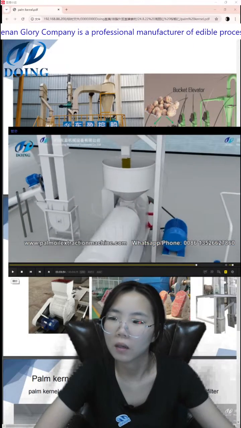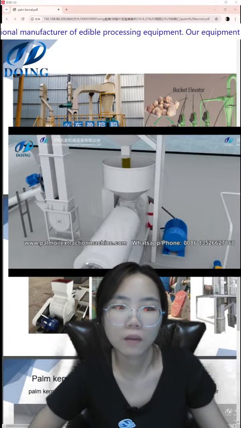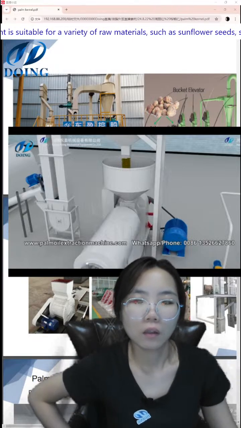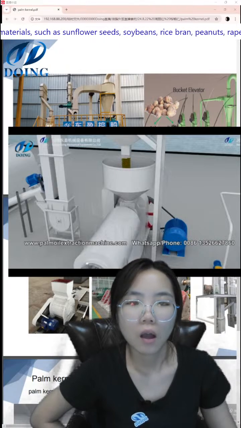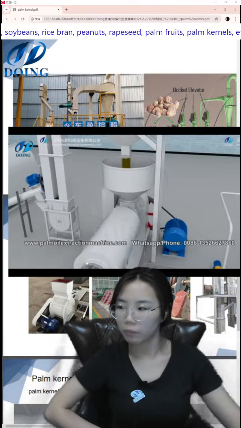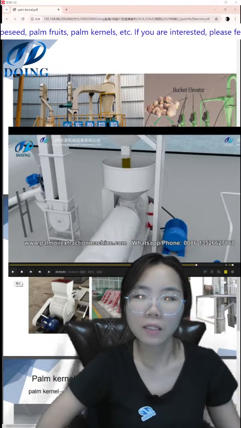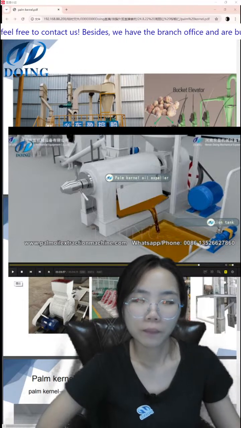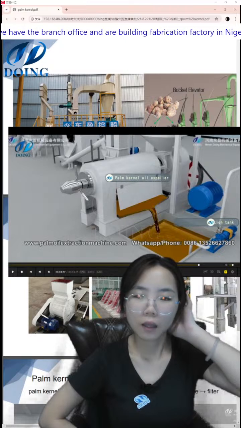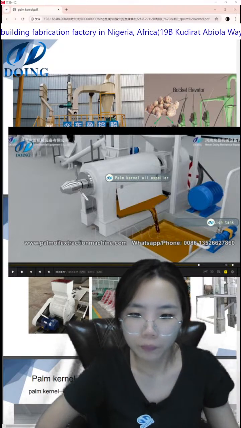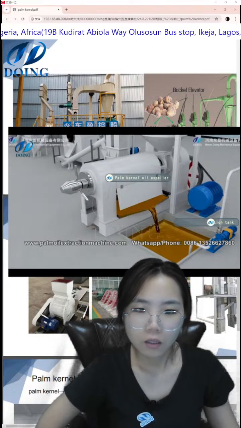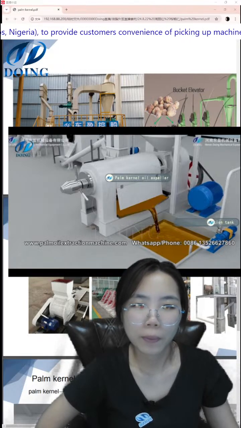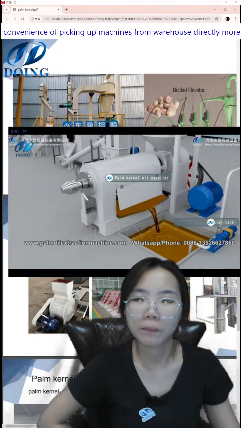And then the palm kernel enters the oil press, and this is our palm kernel press, which is a type of screw oil press, which is more wear resistant, easy to operate and more convenient to replace components.